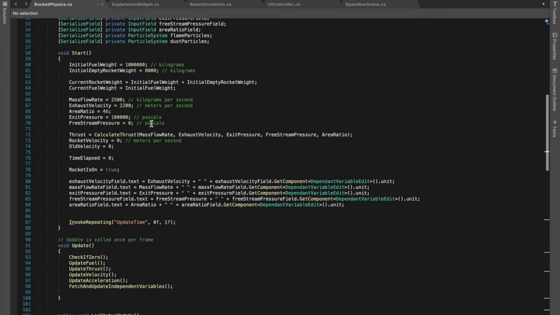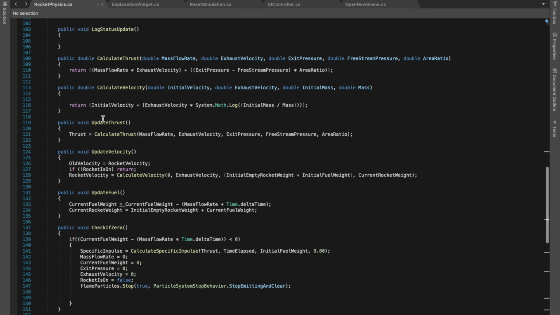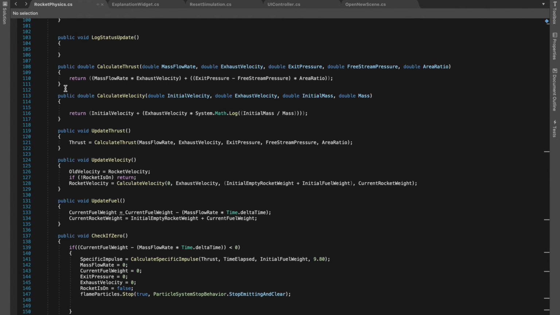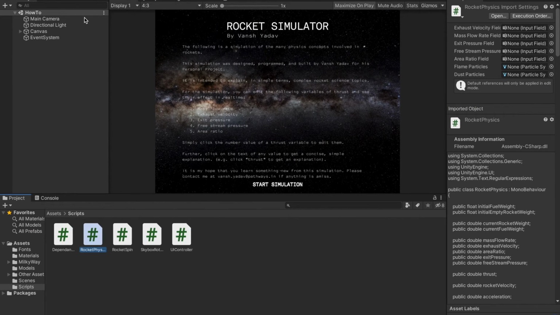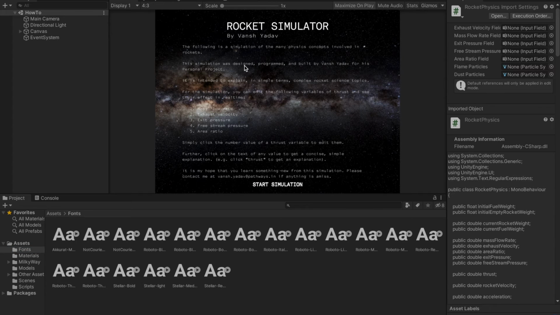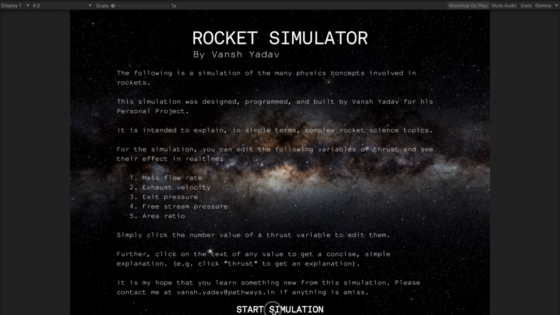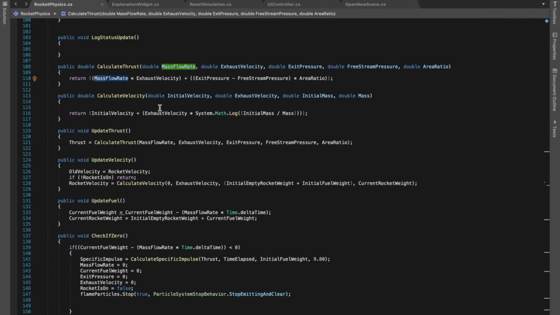As we can see, science is being used. Regarding functions, we can see the actual formulas being used, such as mass flow rate times exhaust velocity, plus exit pressure minus free stream pressure times area ratio for calculating thrust, which you will see parallels the thrust equation visible in the explanations in the simulation.